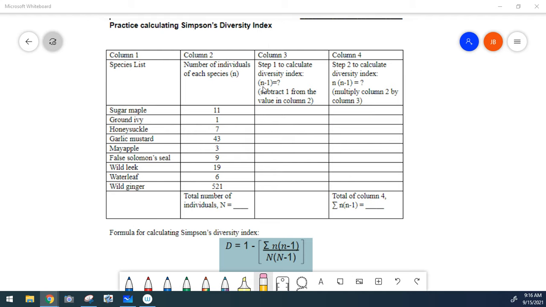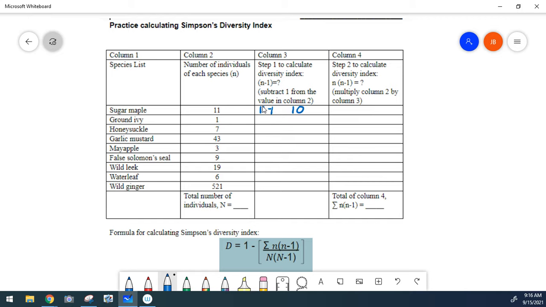So for the first column, it says n minus 1. The n number, the number of species, is already given. For this one, this would be 11 minus 1, so that would be 10. And then you would just go down and fill those out.